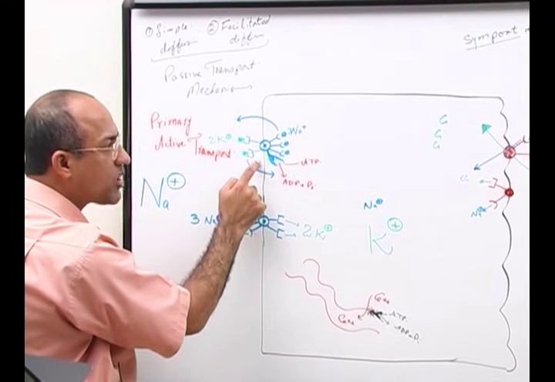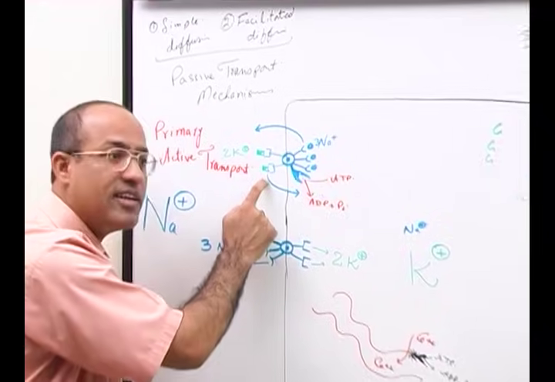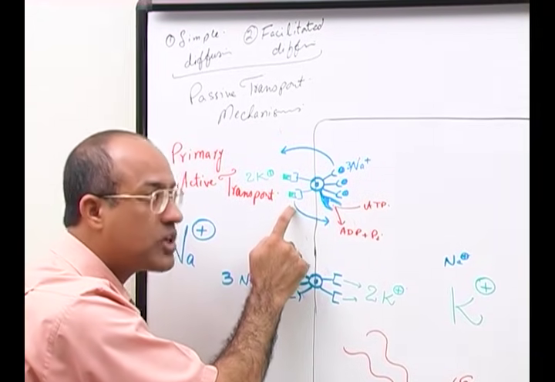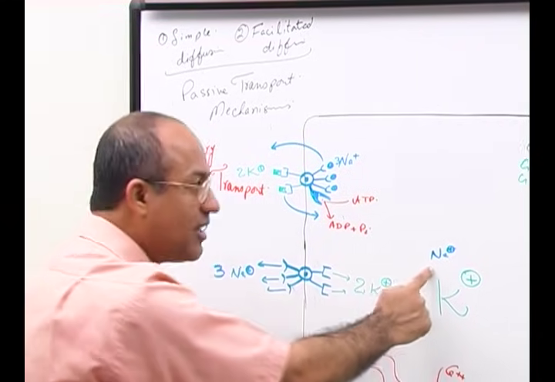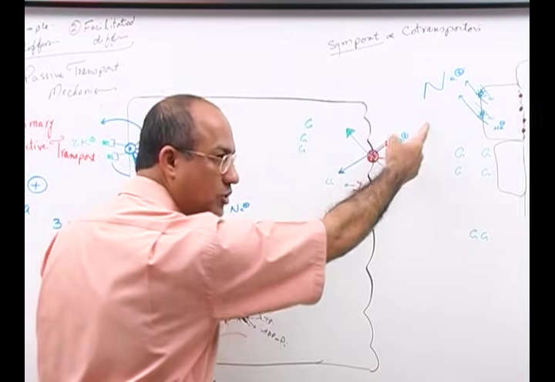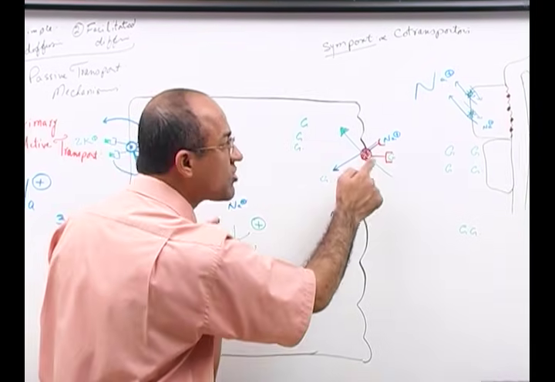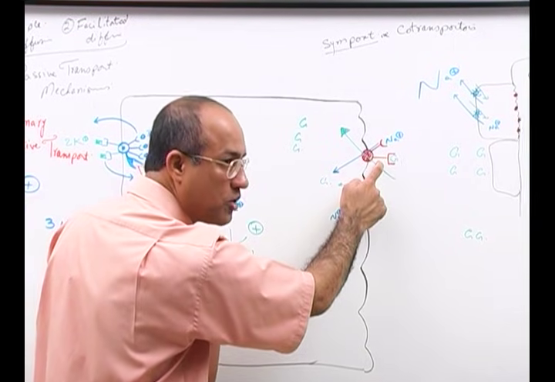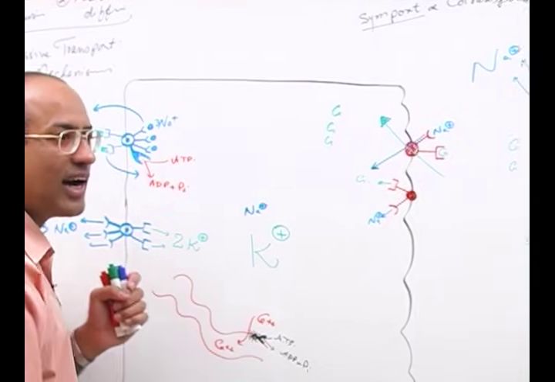So sodium potassium ATPases are utilizing the energy to keep the intracellular sodium concentration very low, and when sodium diffuses from high concentration to low concentration, energy which is released is utilized by this transporter protein to drag the glucose from low concentration to high concentration.